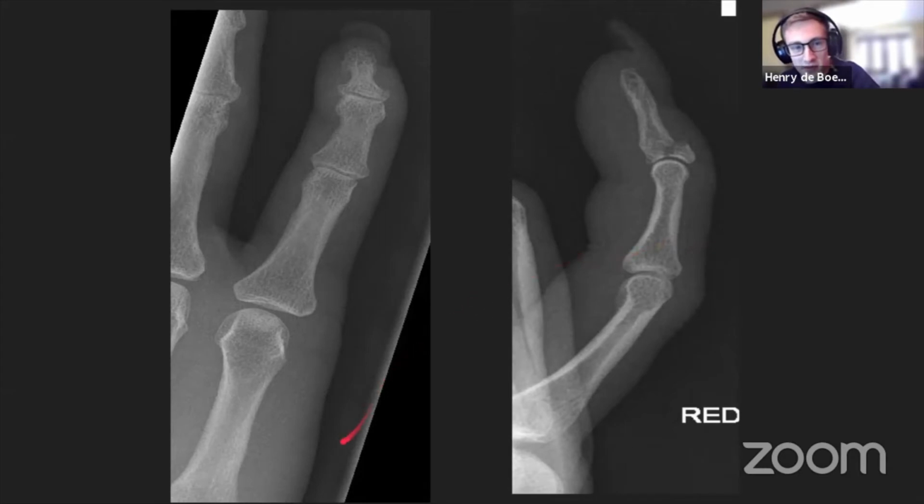So let's have a look through this one together. So proximal to distal. No definite fracture on the AP, but we can see that the alignment here is not normal, and that's because they're flexing their finger. And perhaps some soft tissue swelling and some increased density in these soft tissues.